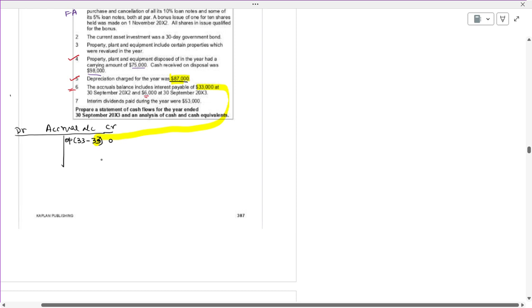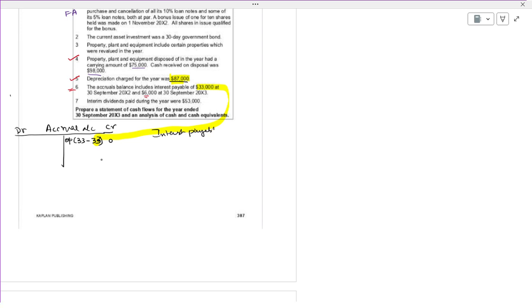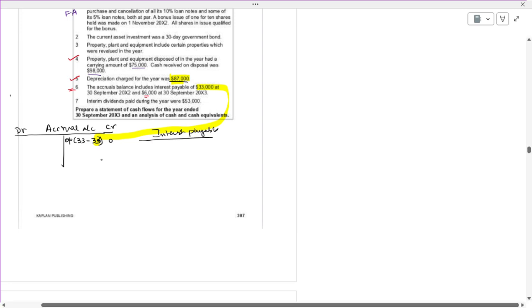If you take that one, what is the opening balance of the liability? Accrual 0. Now, you take interest also. Interest payable, there is an opening balance. We have deducted this. In the interest payable, the same balance will be there.